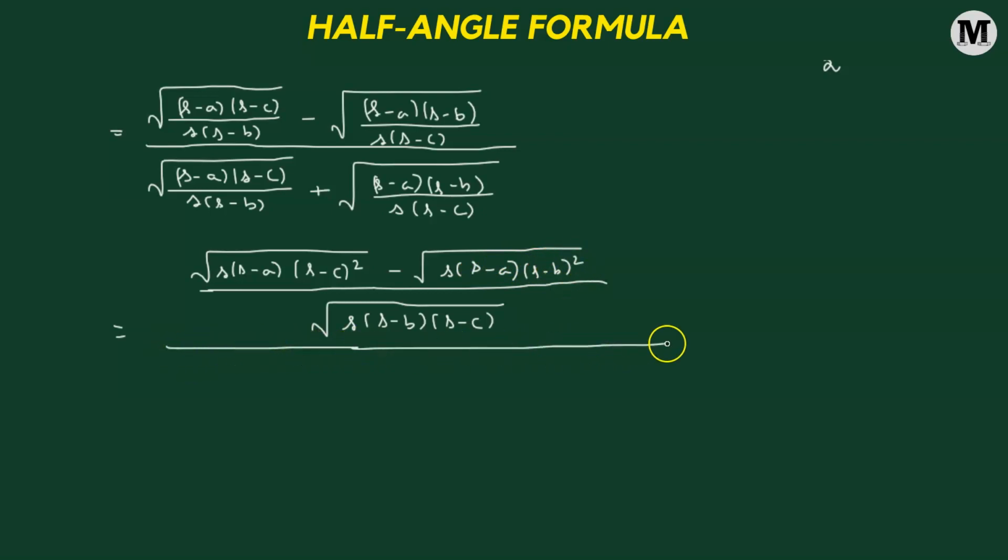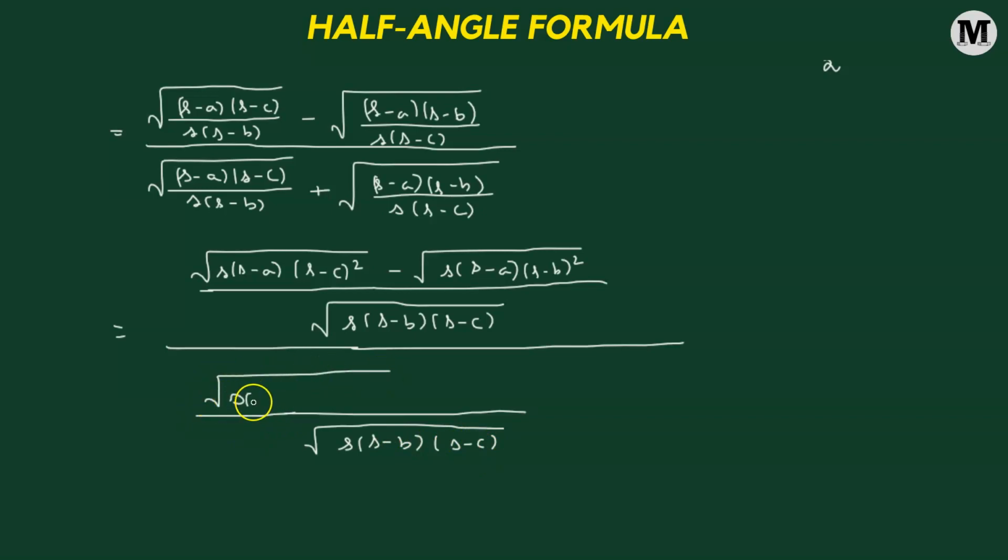Coming to the denominator part, we have the same common denominator, and the numerator is the square root of s(s minus a) times (s minus c) whole squared, added to the square root of s(s minus a) times (s minus b) whole squared.